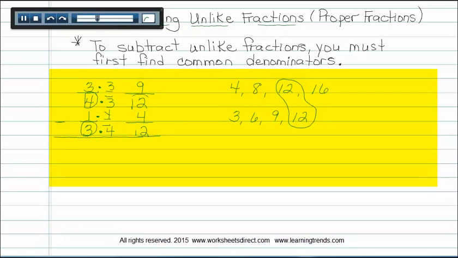They both have a 12. And because we have a common denominator now, we'll write the 12 there, and we can simply subtract the numerators. So 9 minus 4 gives us 5. And so our answer is 5/12, and 5/12 cannot be simplified any further, so that would be our final answer.